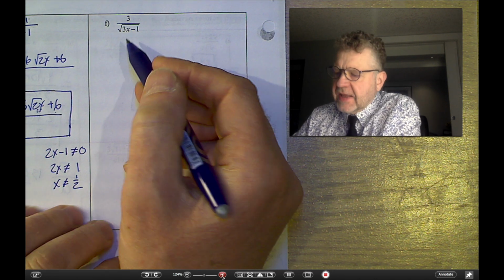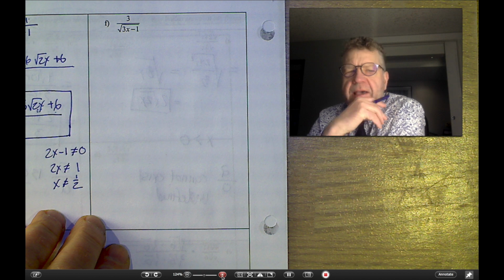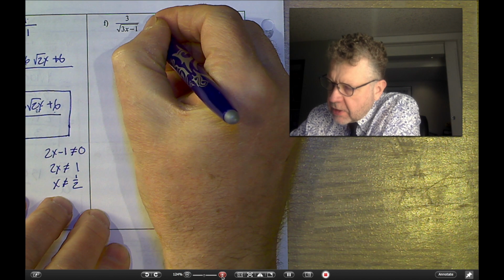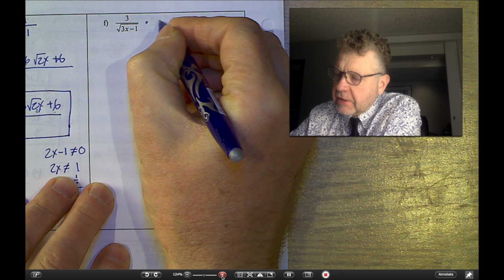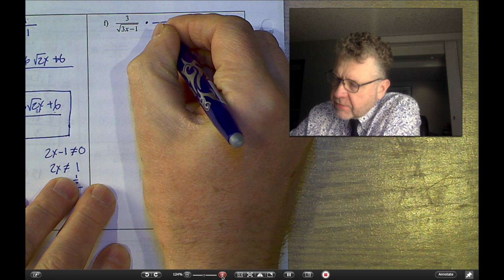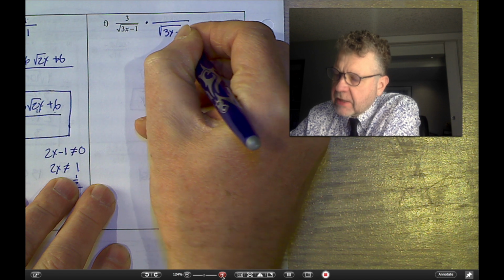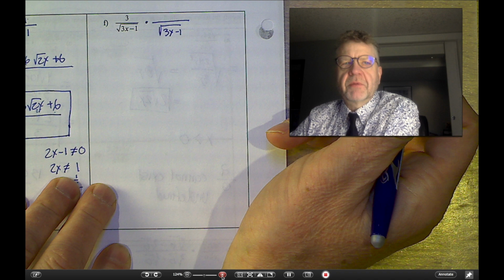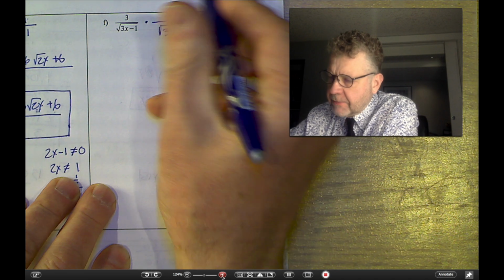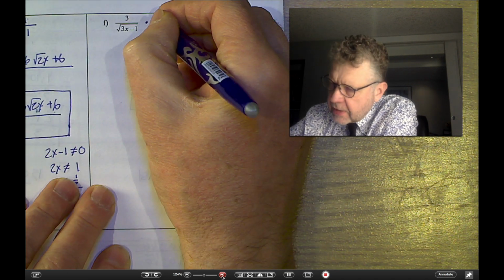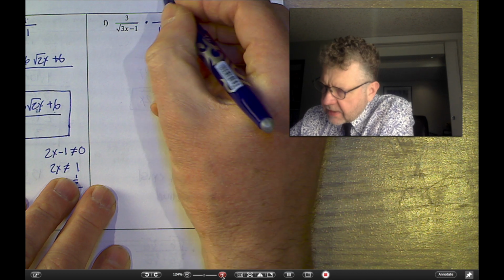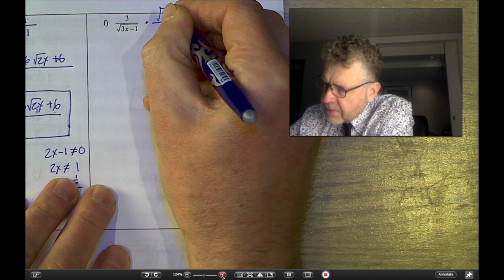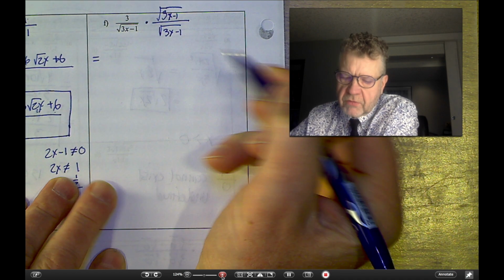Let us take a look at this example here. Now, everything's under the radical, which makes it kind of easy because we know that to rationalize the denominator, just multiply it by whatever the radical is. Square root of 3x minus 1 times the square root of 3x minus 1 is going to be 3x minus 1. So that's great. So whatever goes on the bottom, I have to multiply the same thing on the top, 3x minus 1. Okay, let's see what goes on here.